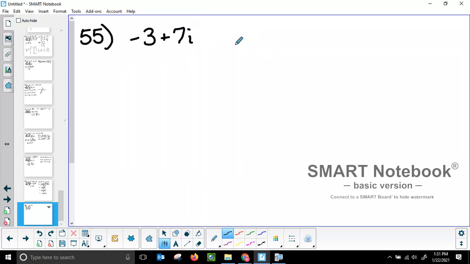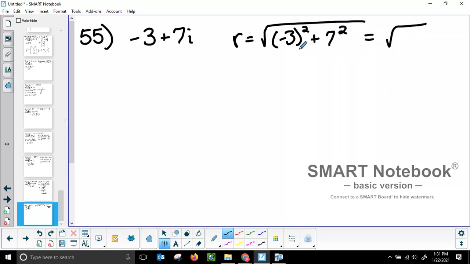We know that r is equal to the square root of a squared plus b squared. So this is going to be 9 plus 49, which is 58. I don't believe that that can be simplified any. Then we also know that the tangent of theta is equal to b over a.